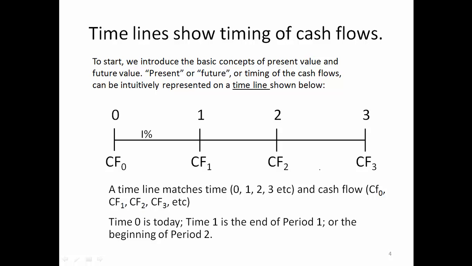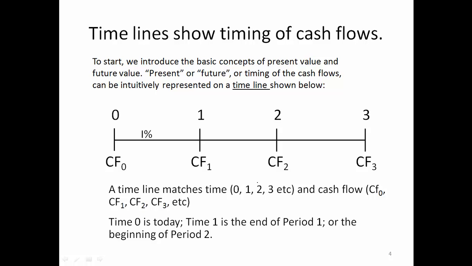So I would highly recommend you set up a timeline in all the time value of money analysis you're going to perform. A timeline is just a straight line that connects the time with the amount of cash flows. For example, year 1 we have cash flow 1, year 2 we have cash flow 2.